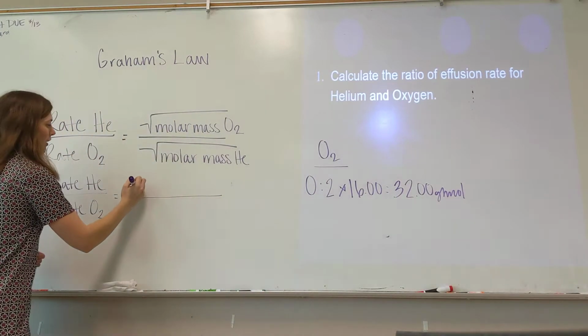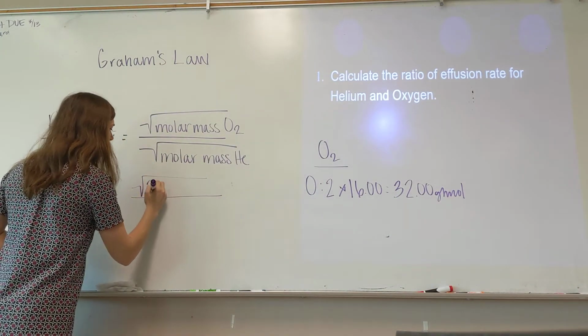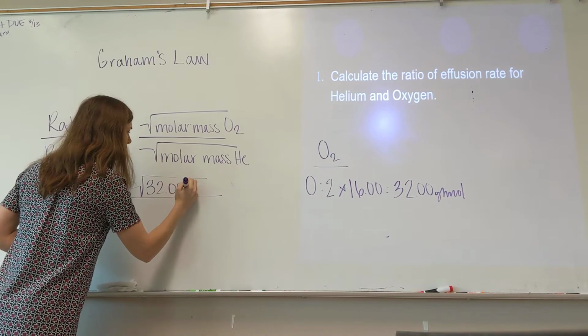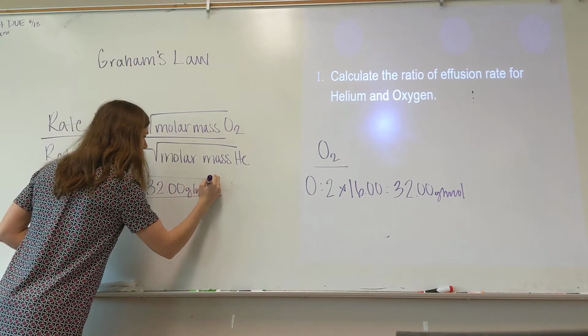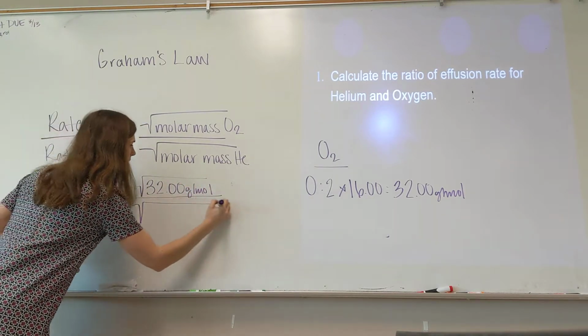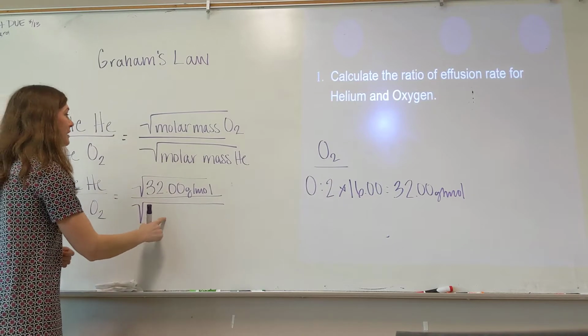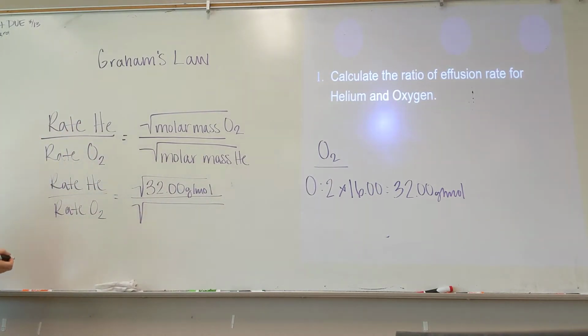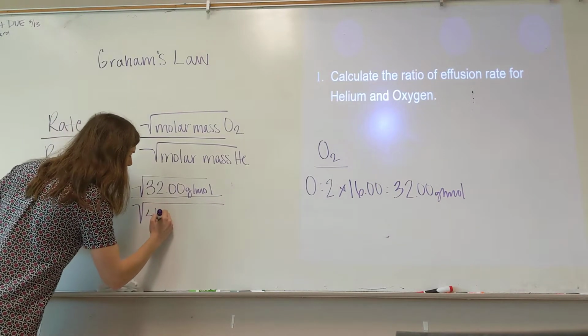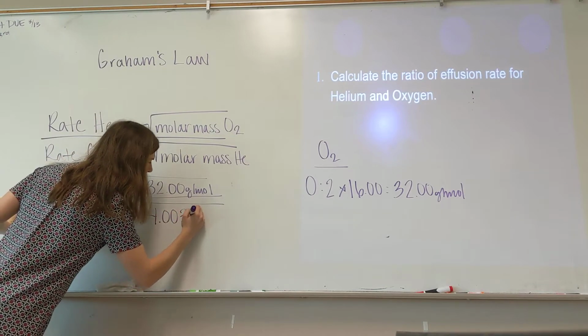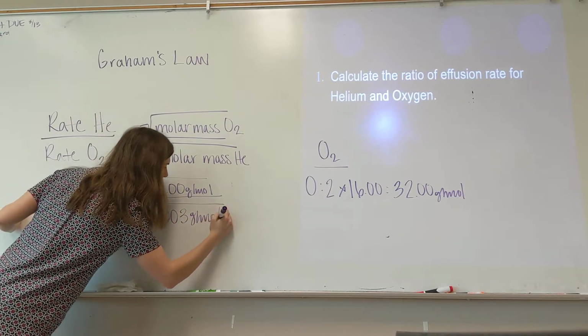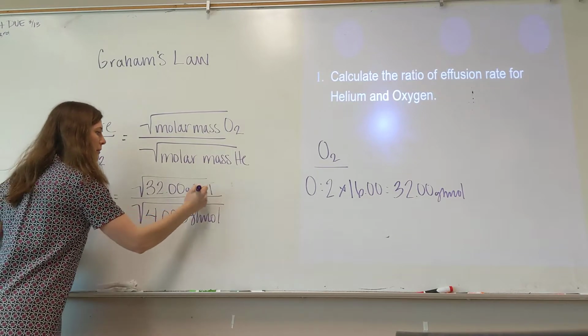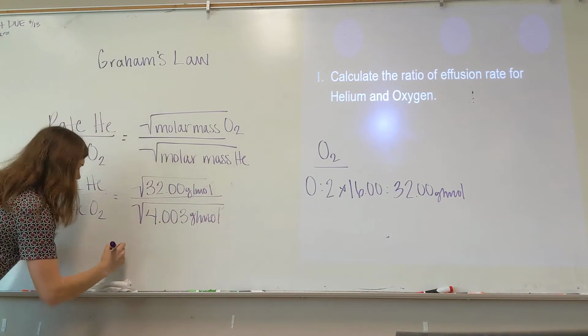So I can put that on the top, 32.00 grams per mole, divided by the molar mass of helium, which is also on our periodic table, 4.003 grams per mole.